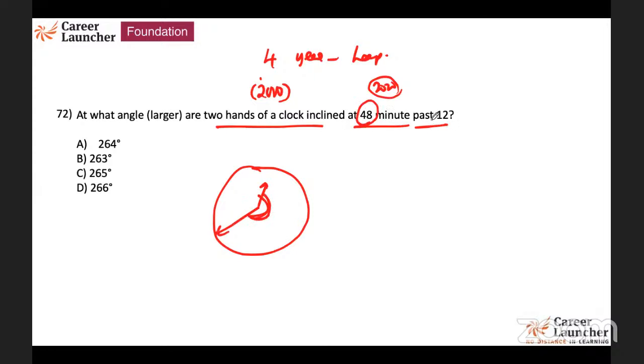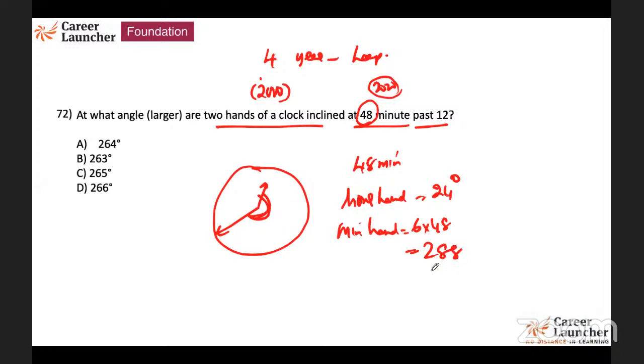Now, in 48 minutes, the hour hand goes 24 degrees, whereas the minute hand goes 6 times 48, which is 240 plus 48, 288. 288 is the minute hand from the 12 o'clock, whereas the hour hand goes only 24 degrees. So the angle between them will be 288 minus 24, which is 264 degrees. Hence, the answer is choice A.